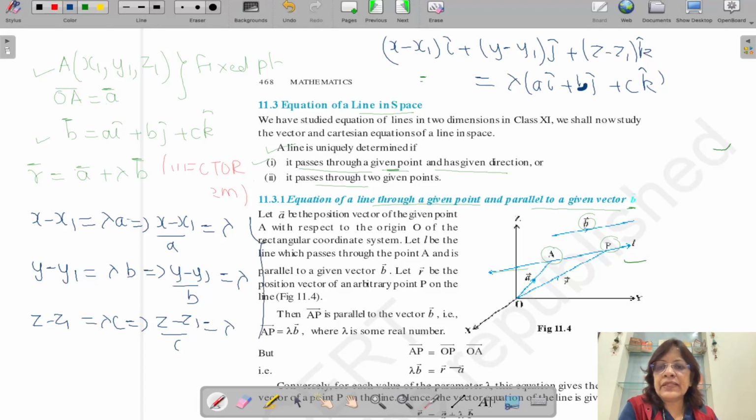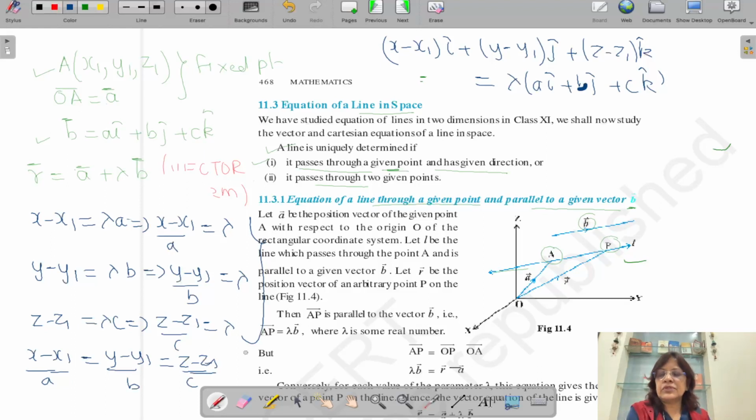From these three, we get the Cartesian form of the line: (x minus x1) upon a is equal to (y minus y1) upon b is equal to (z minus z1) upon c. This is the equation of the line in Cartesian form, and the earlier one is the line in vector form.